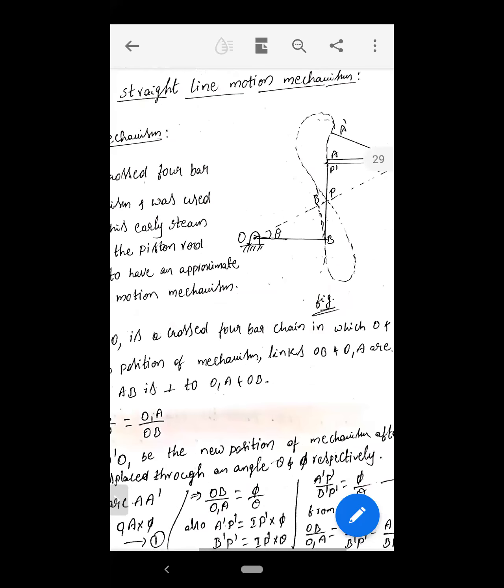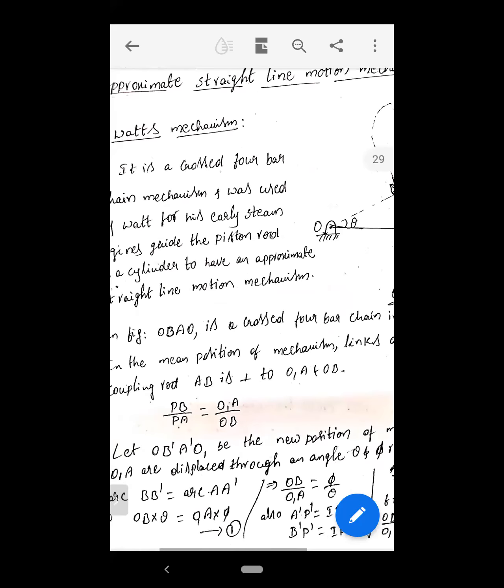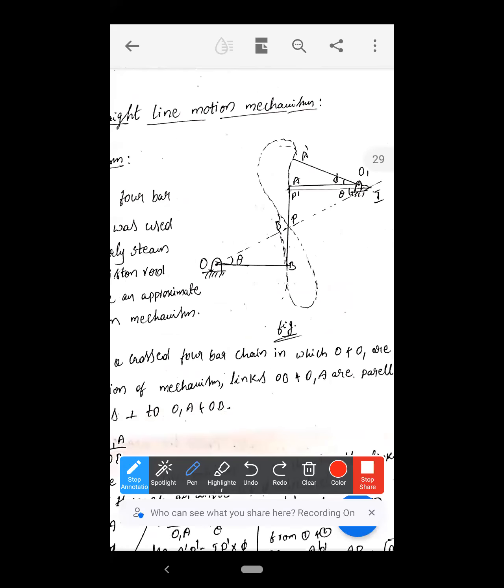In this mechanism, how many links are there? This uses only 4 links. O and O1 act as the fixed links, and the other links are OB, BA, DA and O1A. So how many links are there?